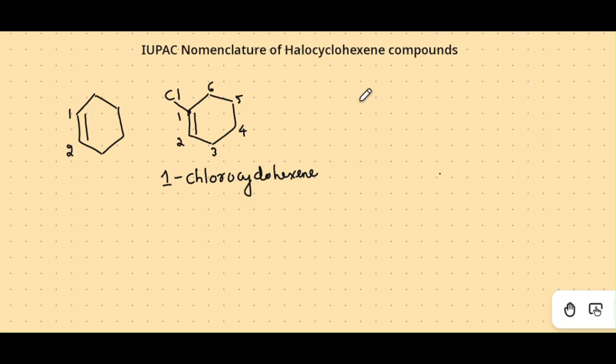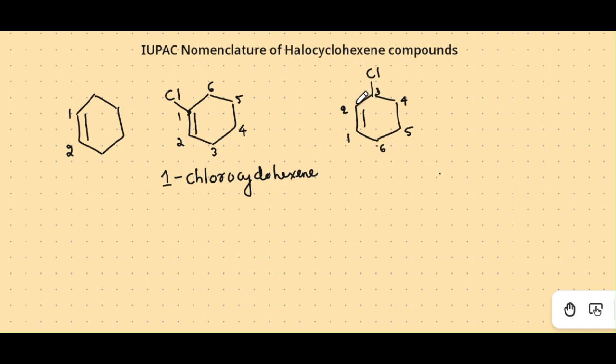Alright. Now let's change the position of the chlorine and see how to name the molecule. Now I am going to write the chlorine here. Although the chlorine is a functional group, we have a double bond which gets more priority. Therefore, you have to either start numbering from here, say 1, 2, 3, or you have to start numbering from here, 1, 2, 3. Which way are we going to choose here? We choose this direction so that the carbon which has chlorine on it will get the least possible number.